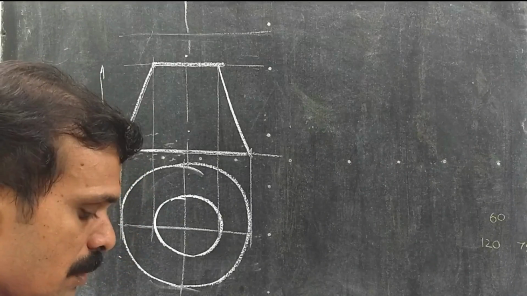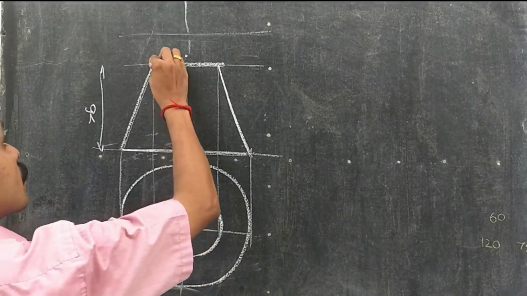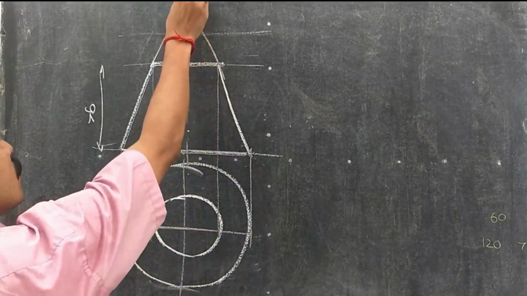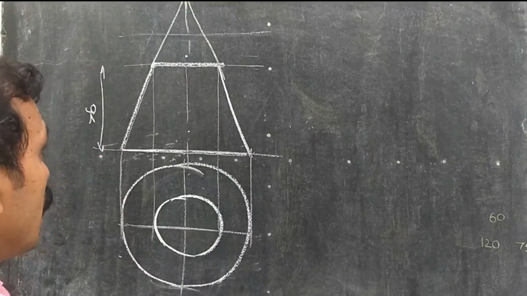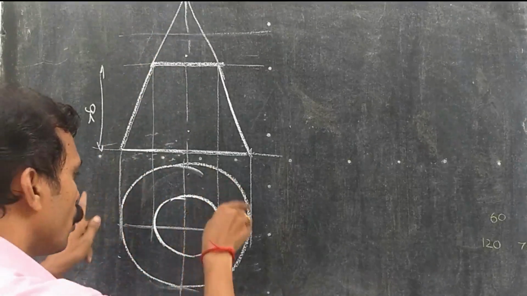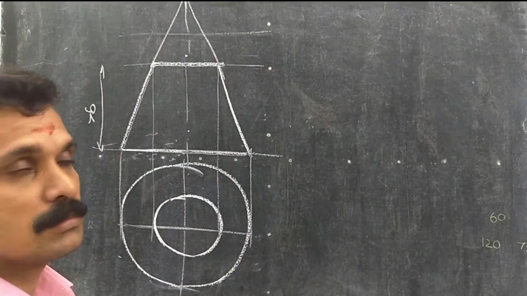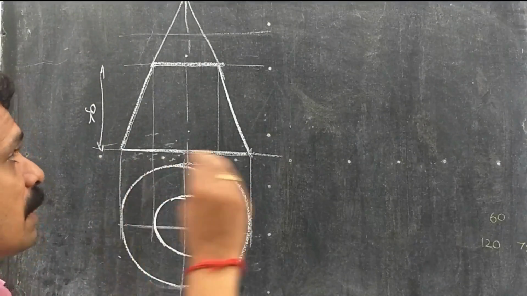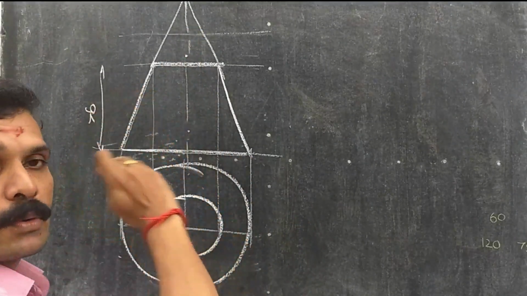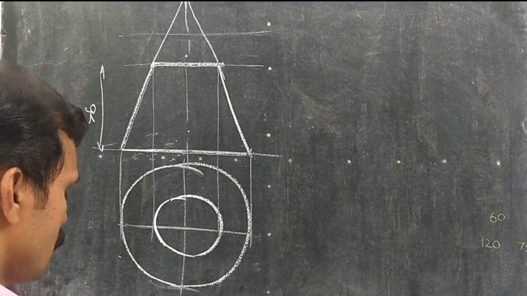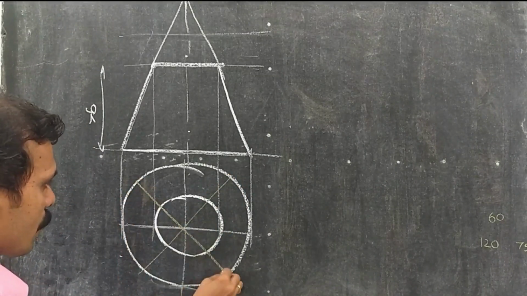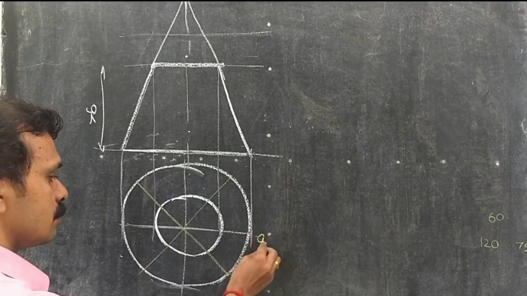Now, extend this line so that we can obtain the height of the original cone of the 120 mm diameter. That will be the apex of the original cone. From that, this 60 mm diameter cone is cut. Now, divide this into 8 equal parts.